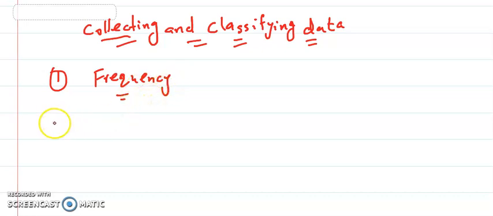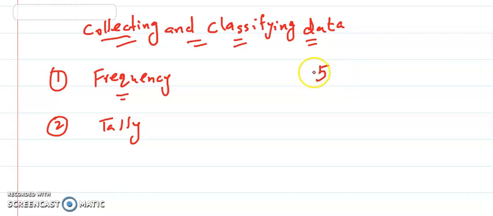The second term that we have to use here is tally. Tally is a way of representing numbers. For example, let's suppose I have the number 5.